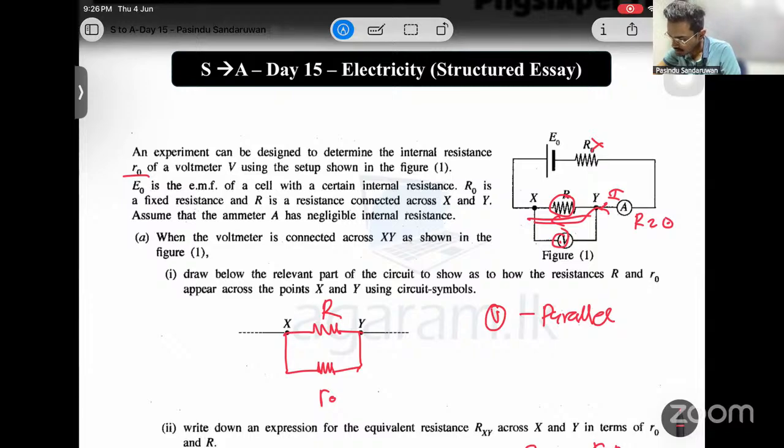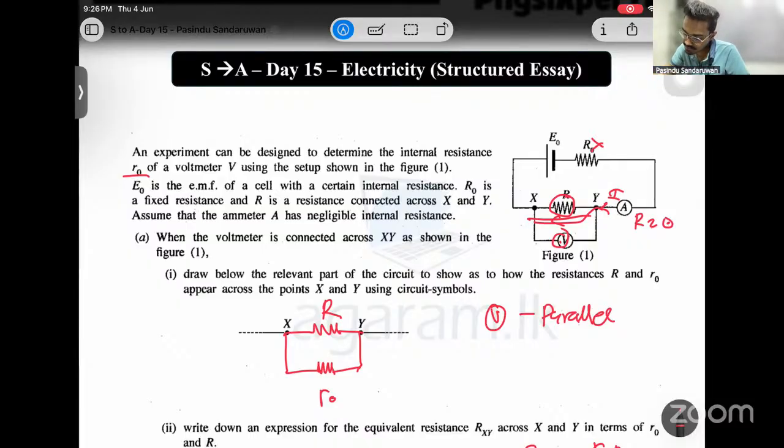One second. So what about E naught? It's not given that E naught has no internal resistance.